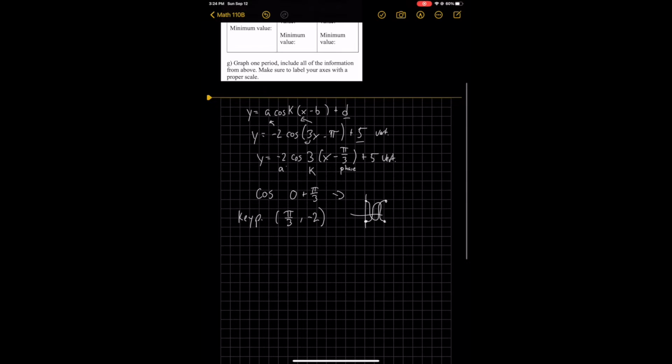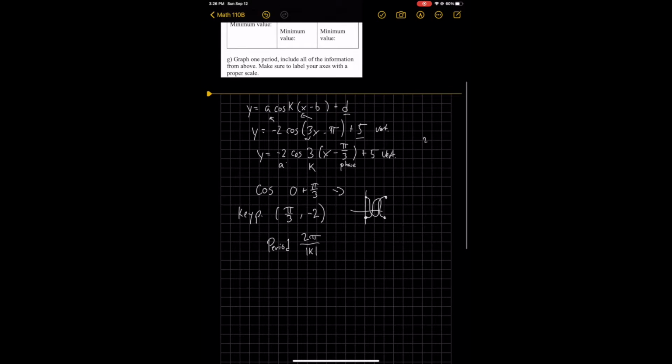That also is going to give us what we need to figure out what the period is. The period for cosine is 2 pi over absolute value of k, and the k here is 3, so that's 2 pi over 3.